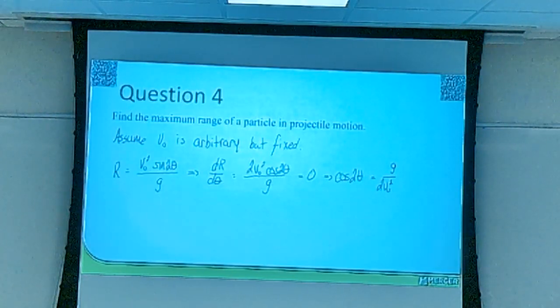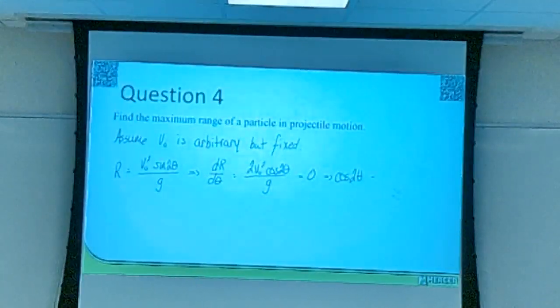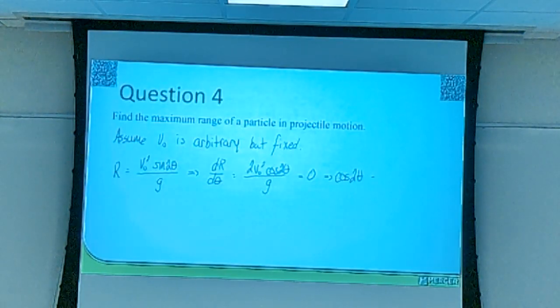Oh, I'm sorry. I'm just thinking that was 1, it's not, it's 0. Cosine of 2 theta has to be 0 in that case, right? Where is cosine equal to 0?